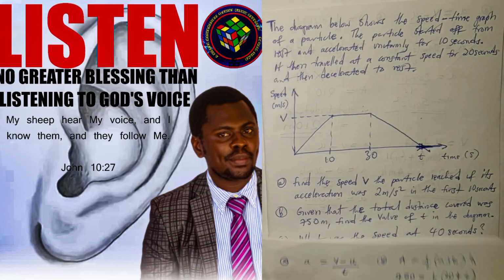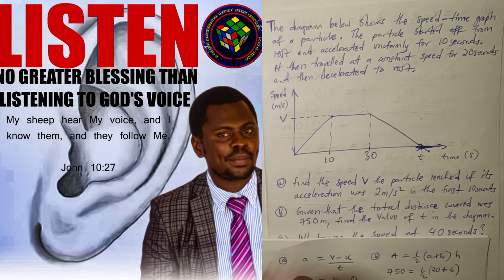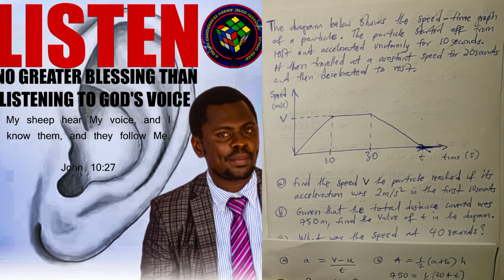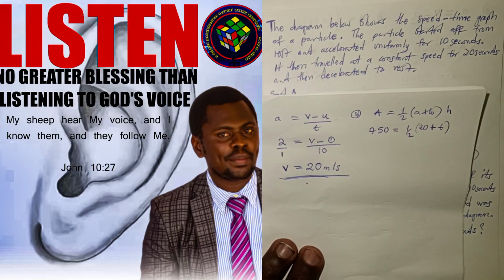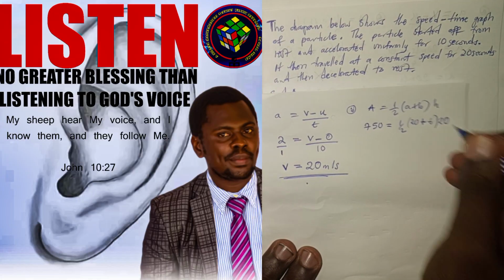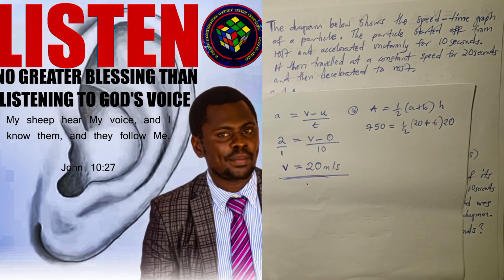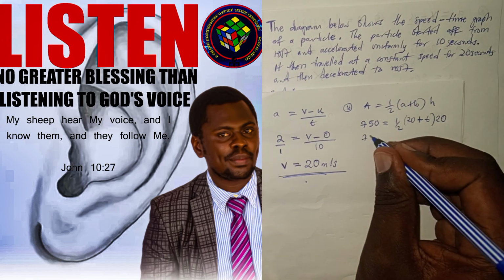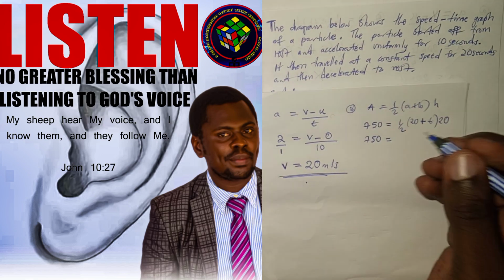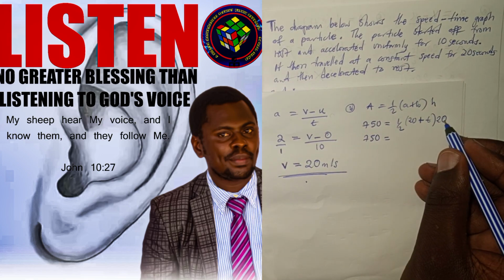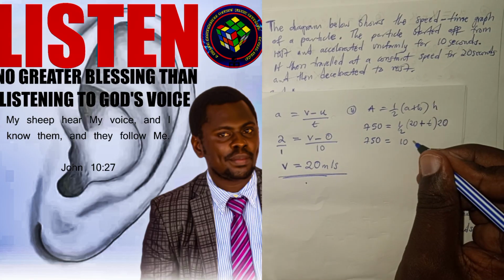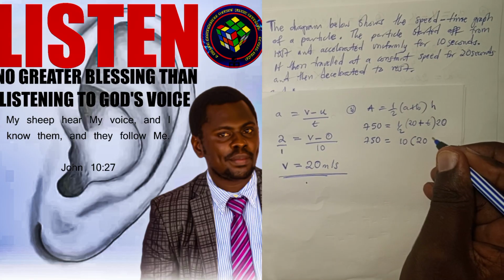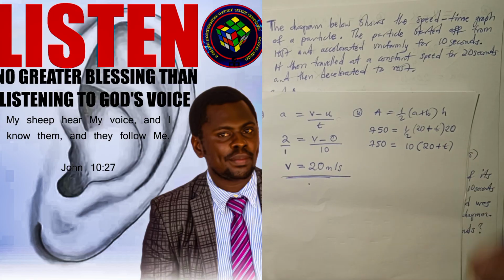Then height is from 0 to v, and we have calculated v to be 20. So where there is h, you put a 20. So you have 750 is equal to, 2 can go in 20, that is 10. So we have 10, then in brackets 20 plus t.